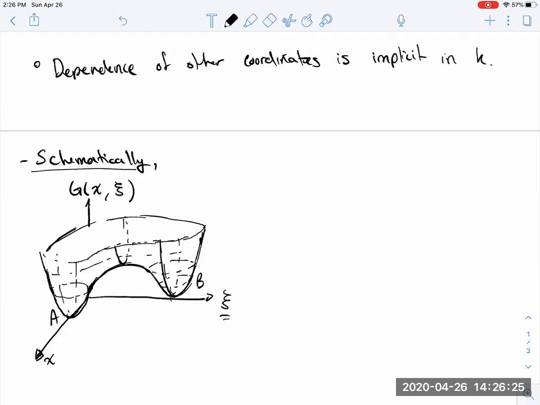The transition state estimate is really good if we have chosen the right reaction coordinate, but if we have neglected coordinates that are important to that reaction coordinate, that transition state estimate is not going to give us a very good description.